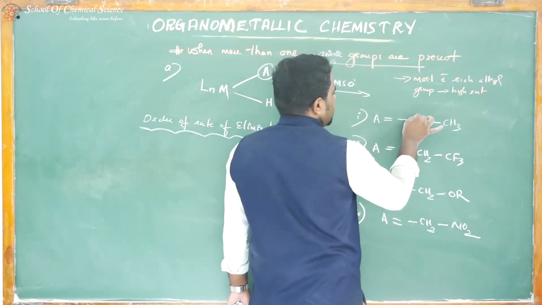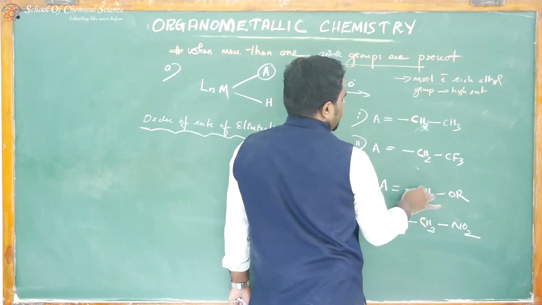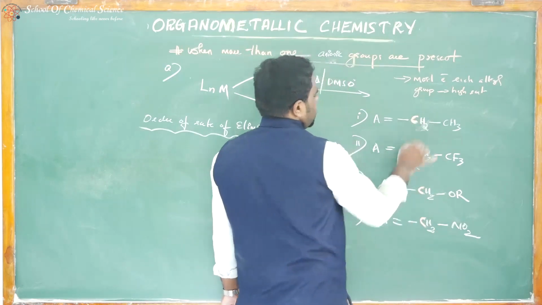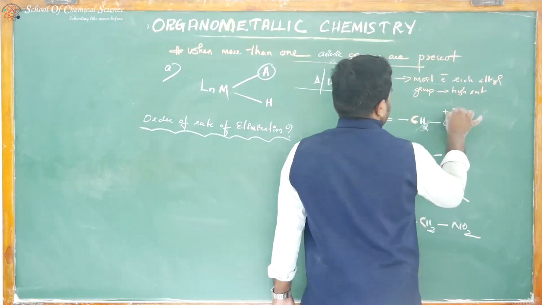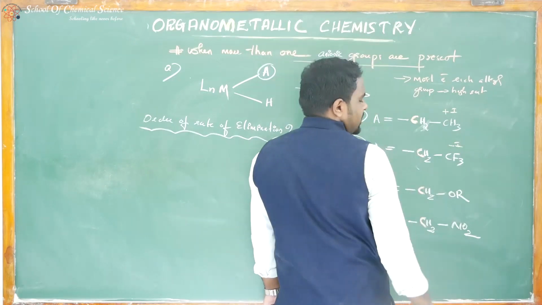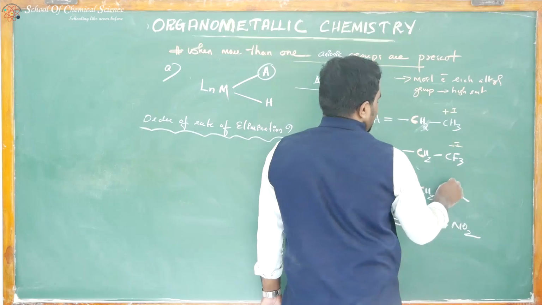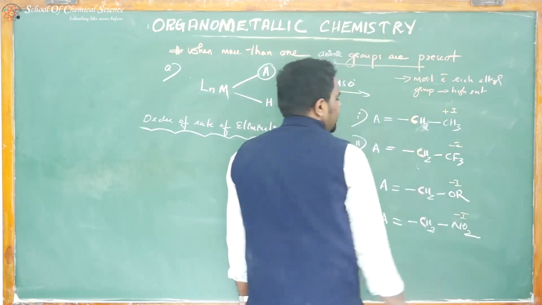Compare the electron richness of this marked carbon. This methyl group has a plus I effect, so it donates electron density. CF3 has a minus I effect, it withdraws electron density. OR also has a minus I effect, NO2 also has a minus I effect.